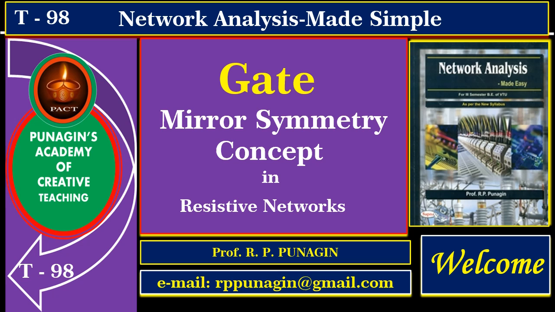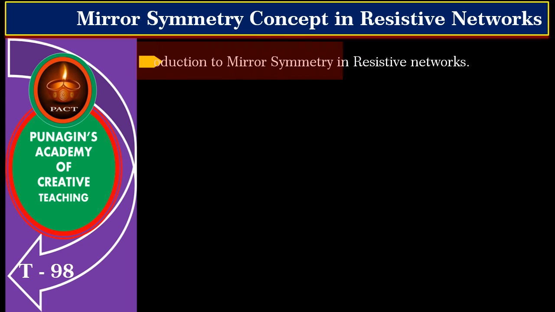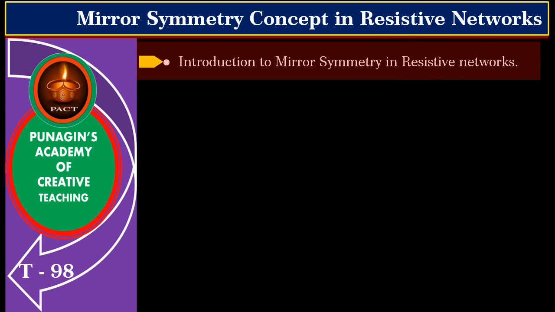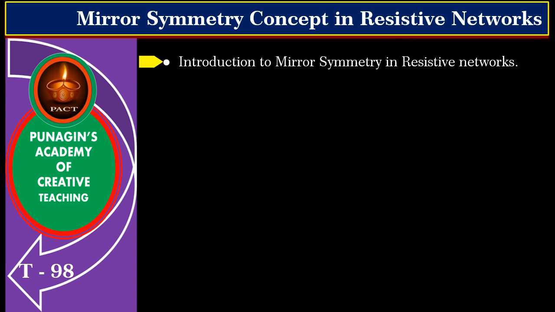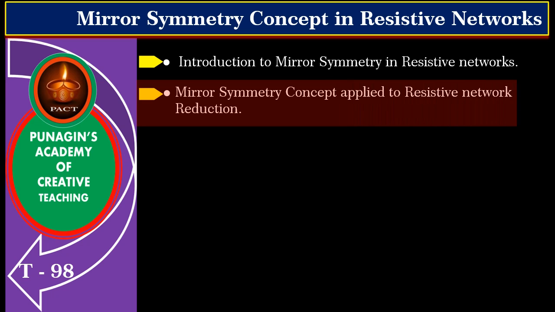In this tutorial, we shall study the mirror symmetry concept in resistive networks. Friends, in the process, we learn an introduction to mirror symmetry in resistive networks and the mirror symmetry concept applied to resistive network reduction.